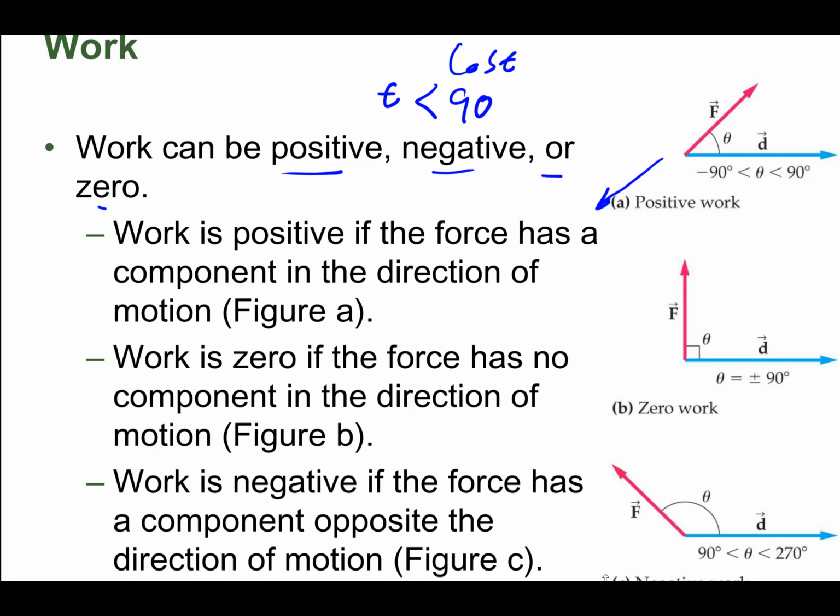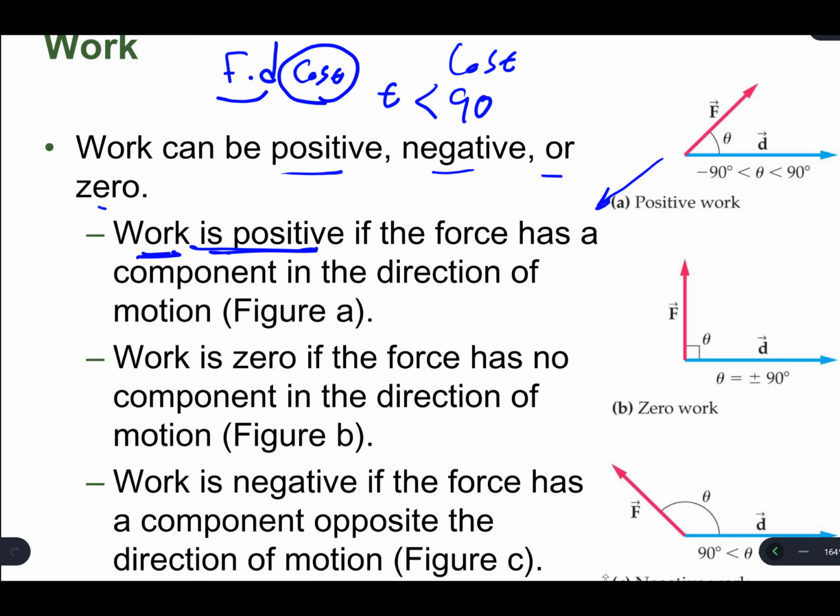Use the calculator: cosine 30, 40, 50, 60, it is a positive amount. So work is positive because F D is positive times cosine theta positive. So work is positive if the force has a component in the direction of motion like this one.